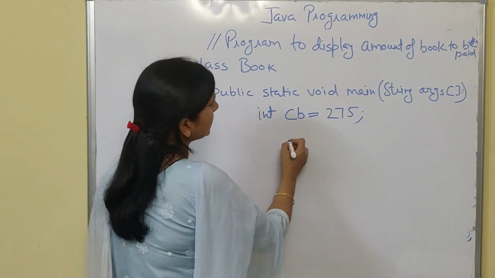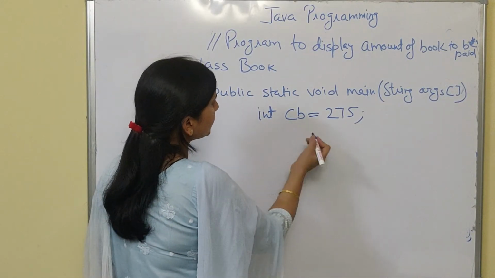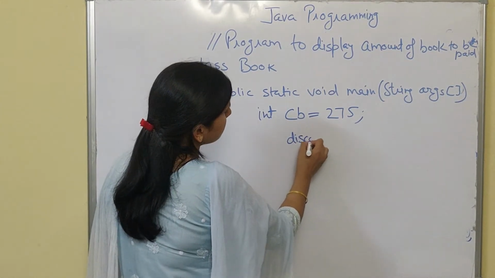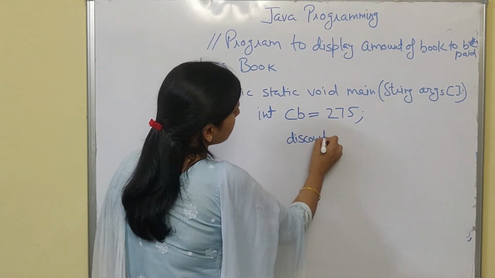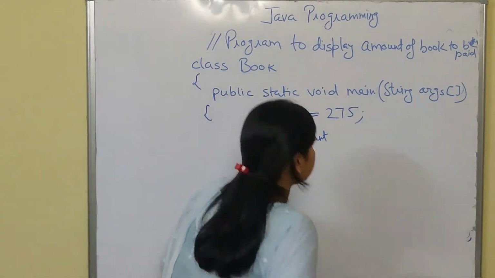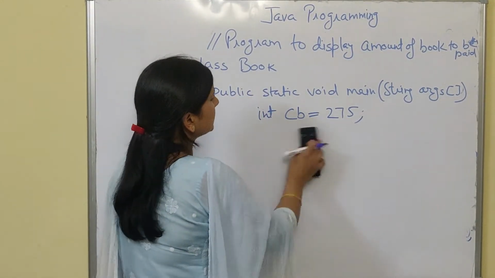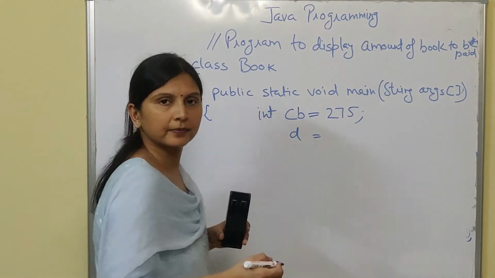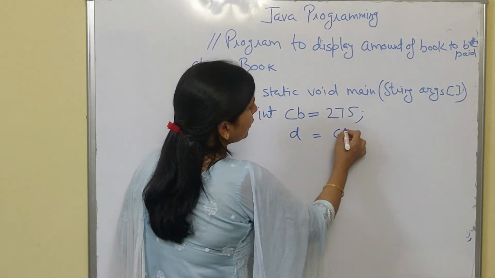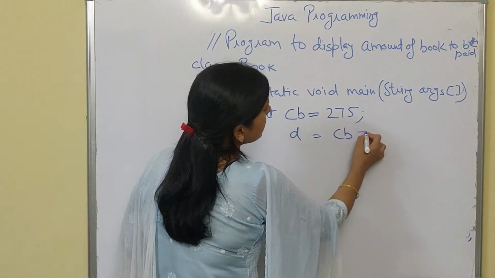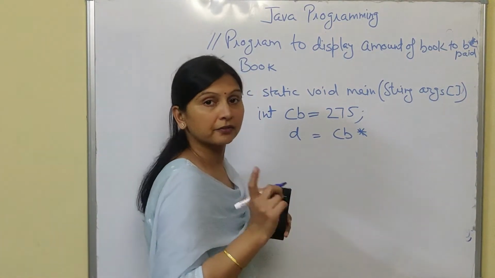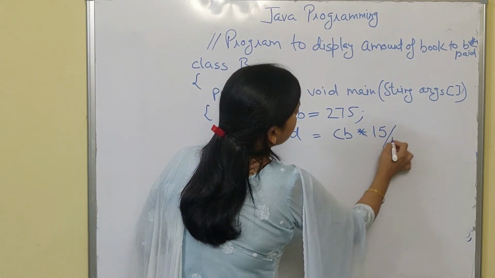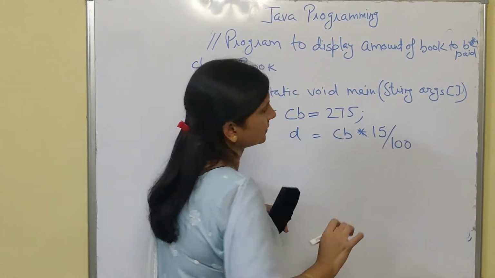I am taking a variable name for discount, D. Fine. So discount is CB into how much? 15%. So I am writing here 15 by 100.